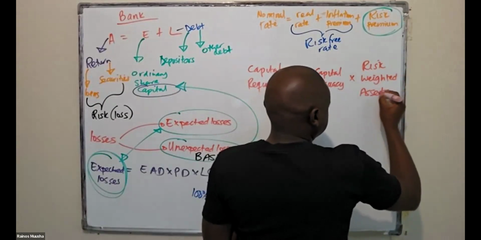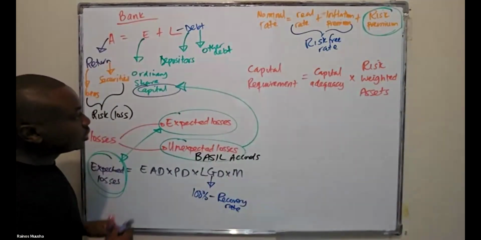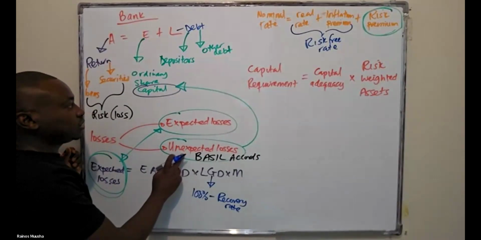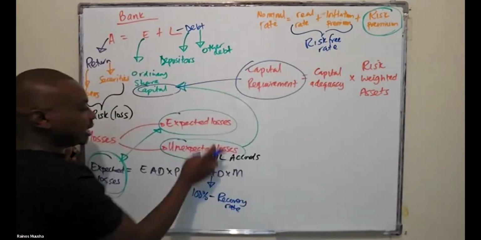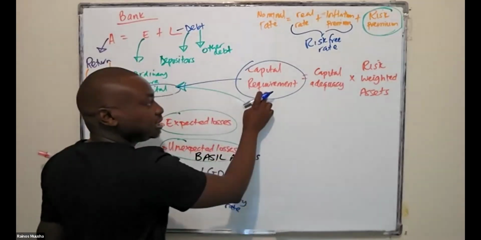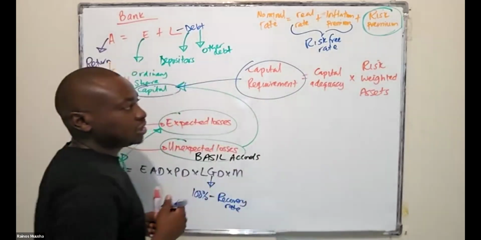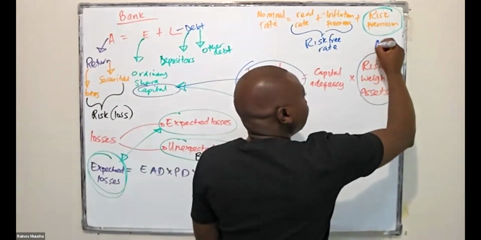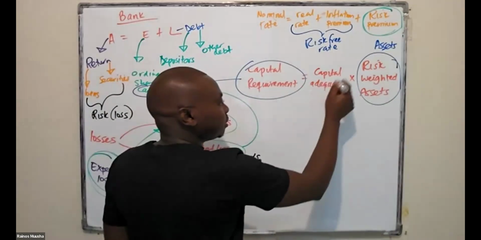Remember we said that to cater for the unexpected losses, the capital requirement needed is given as your capital adequacy multiplied by the value of your risk-weighted assets. So in simple terms, we're saying the value of your assets multiplied by the capital adequacy.